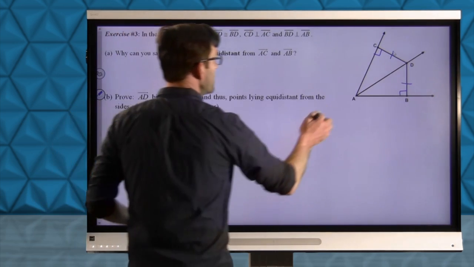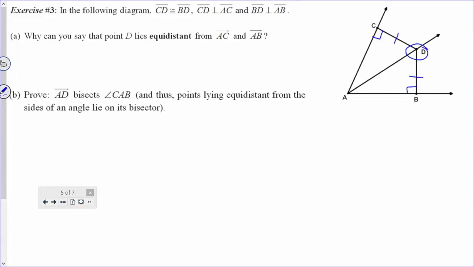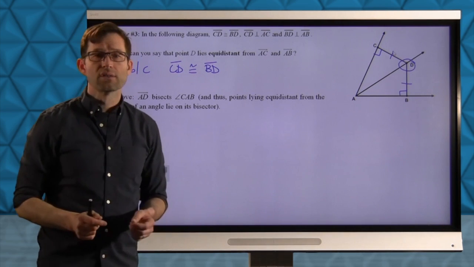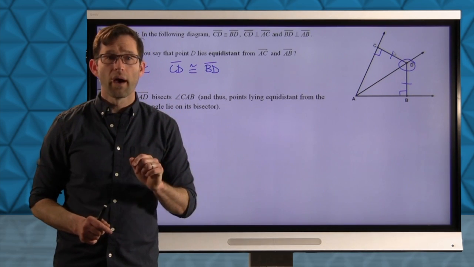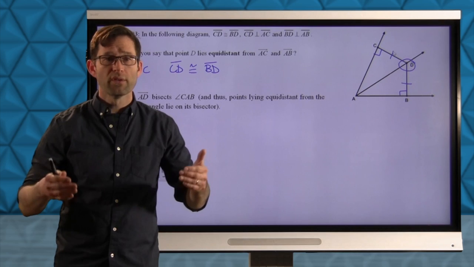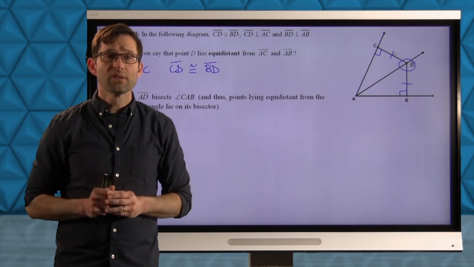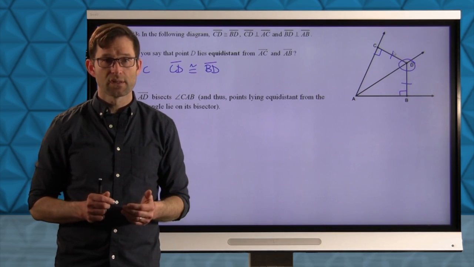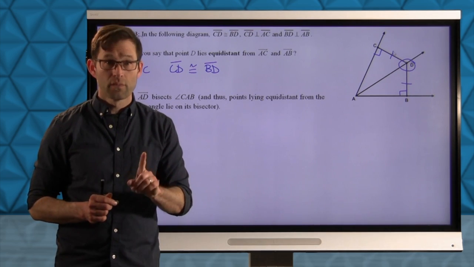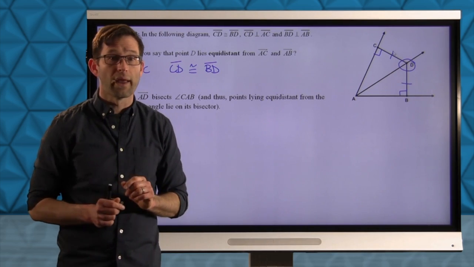We can say that D is equidistant from those two rays because CD is congruent to BD, right? The plain fact is, when I measure the length from a point to a line, or a point to a ray, or a point to a segment, it's always talking about the perpendicular distance because that is the shortest distance from a point to a line.